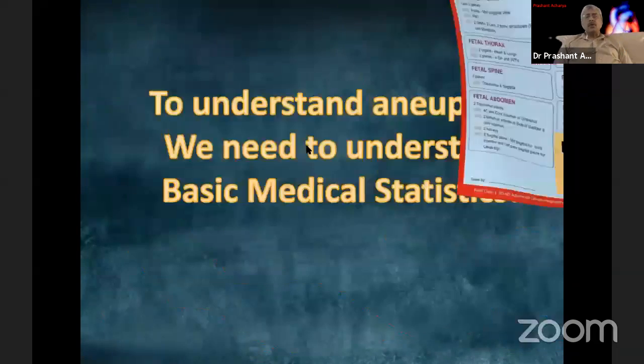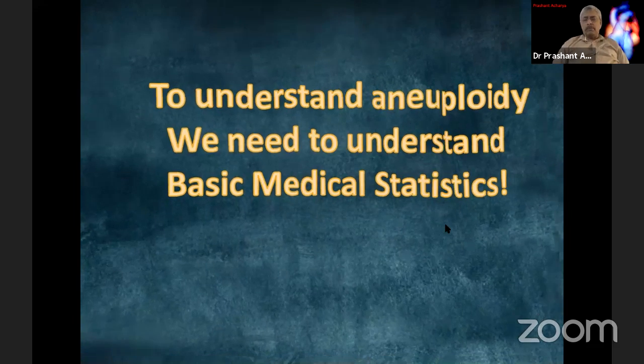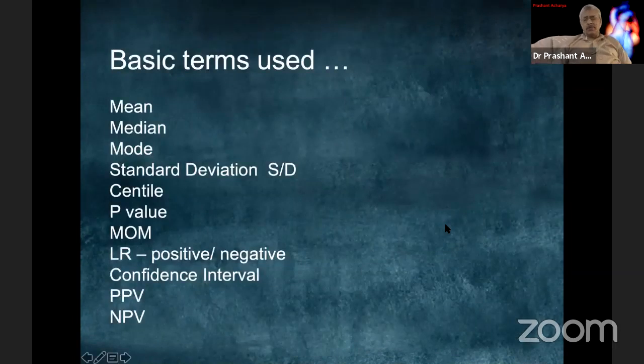To understand aneuploidy, we need to understand the basic medical statistics. To know the medical statistics, there are a few terms which we need to understand: mean, mode, median, standard deviation, centile, p-value, MOM, likelihood ratios, positive, negative, confidence interval, positive predictive value, and negative predictive value.